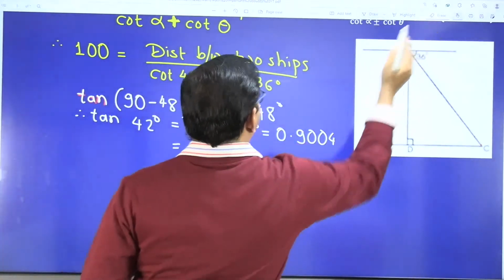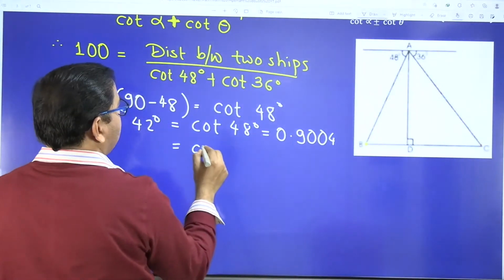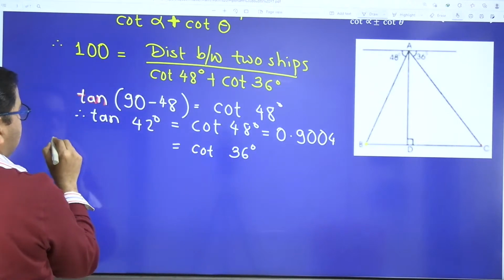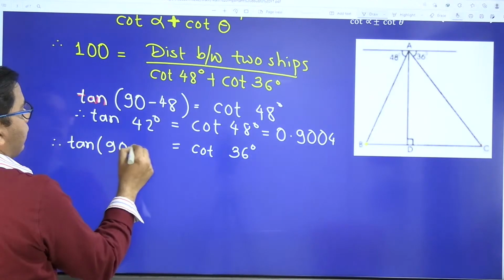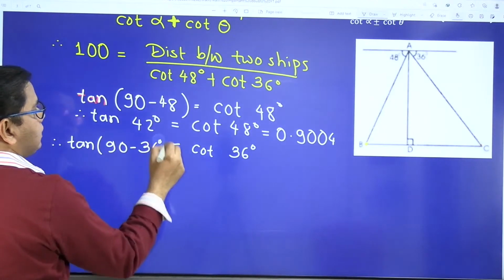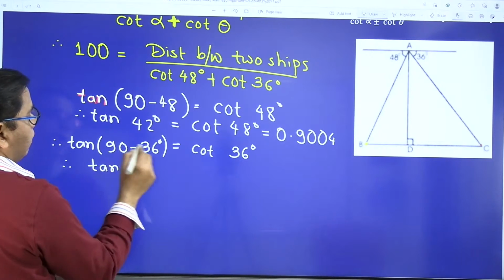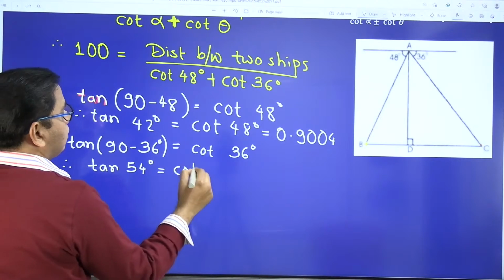Next value I want is cot 36 degrees. Cot 36 degree is what? Tan 90 minus 36. How much is 90 minus 36? Therefore, I can say tan 54 is equal to cot 36.